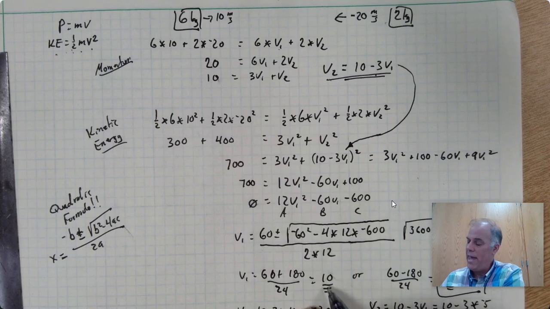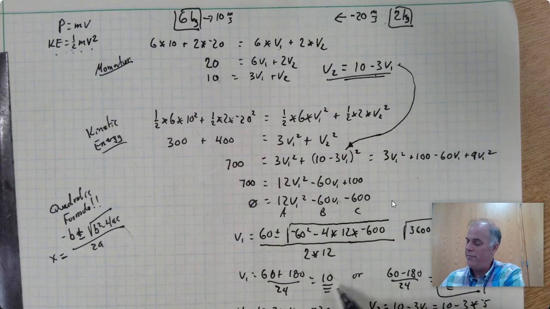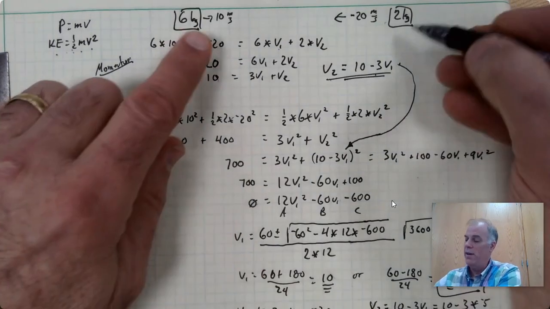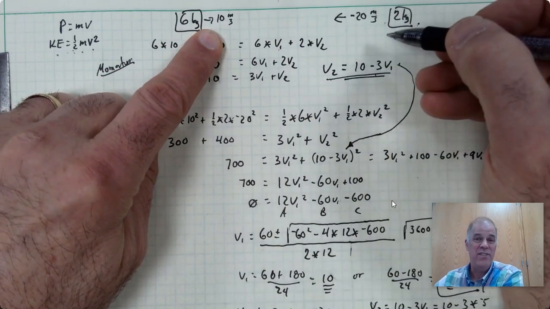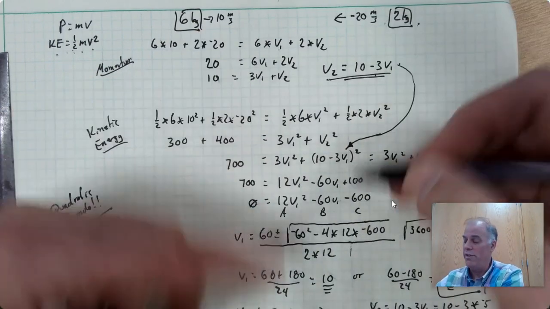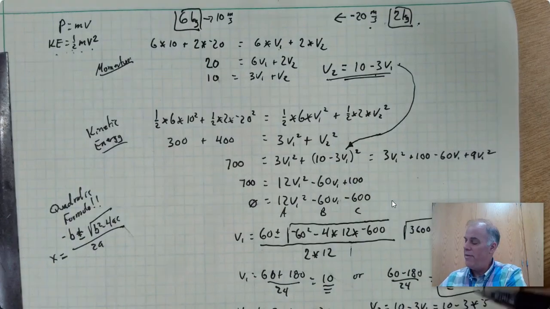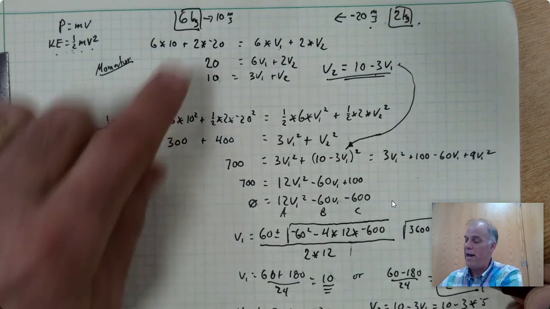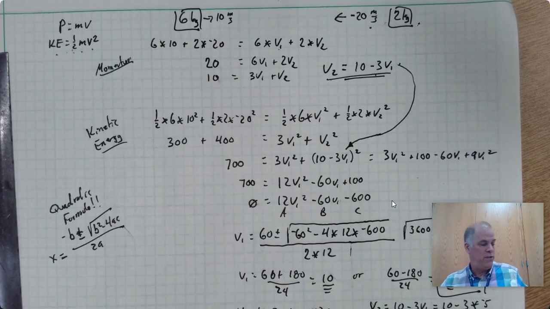Now, when we plug our 10 back into our term for V2, we find out that when V1 is 10, V2 is -20. Well, that's our initial conditions, which is actually a nice check to make sure that we're on the right track, because one of the solutions to this problem is the initial state, so yay. And then the other one comes out to be -5 for V1 and +25 for V2.